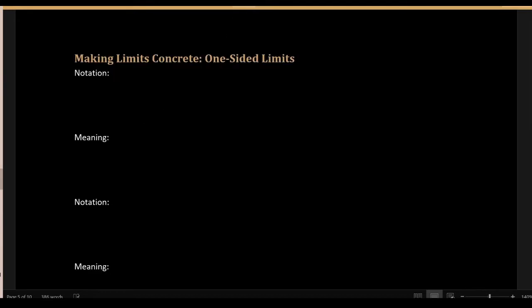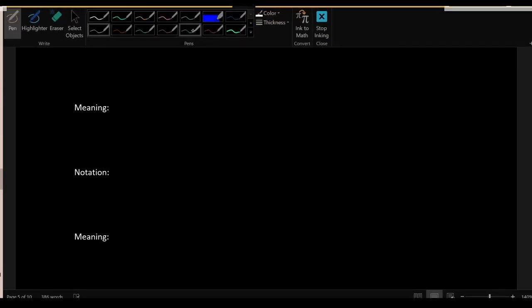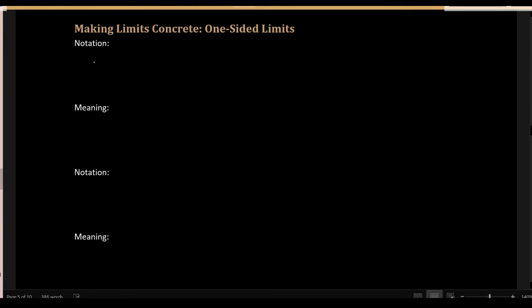Now, in order to make this idea a little bit more concrete, we're going to have to get started talking about something called a one-sided limit. We're going to introduce two types of notation, two different quantities here. The first one is written LIM for limit, x to a, but what's important is that above the a is going to be a little minus sign.